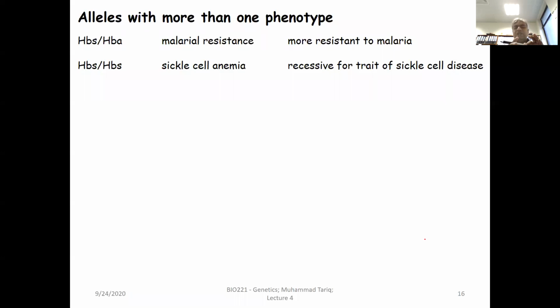We have in humans also natural alleles existing. For example, sickle cell anemia, which are mutations in the hemoglobin gene, HbS, S for sickle cell. If it is homozygous recessive, they are defective in carrying oxygen and they are lethal.